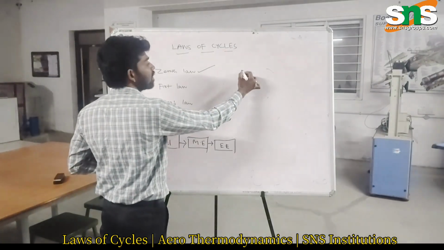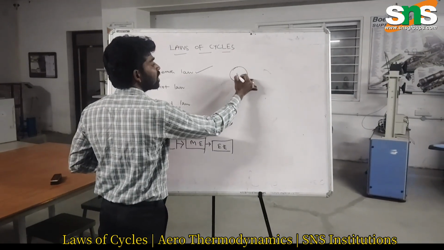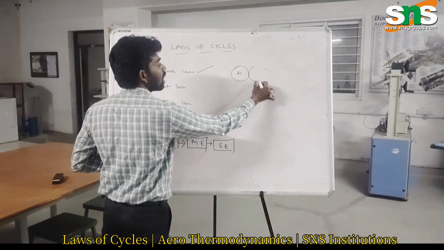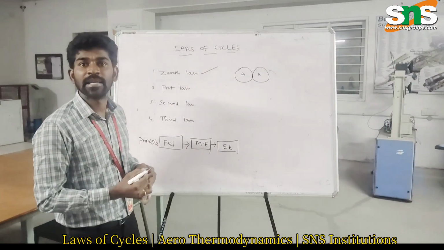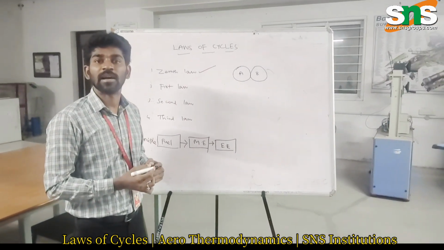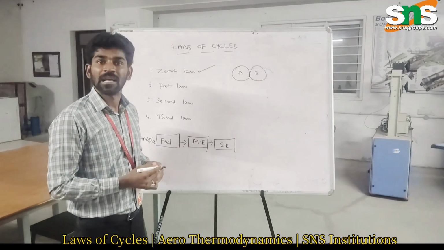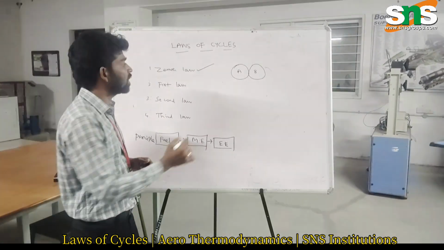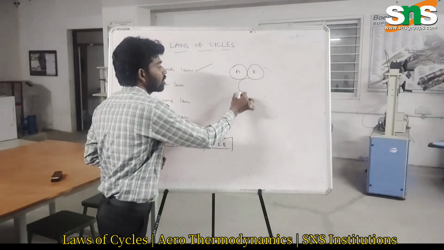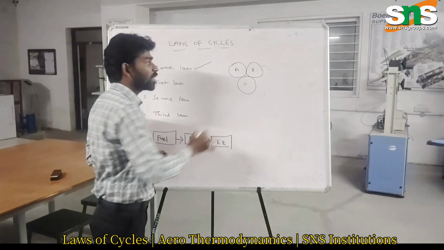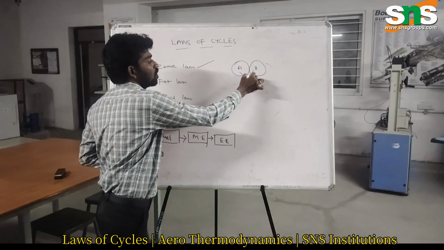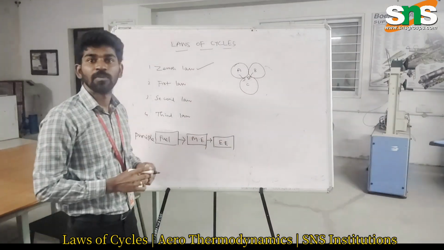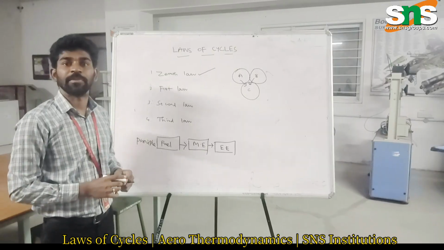For example, take objects A and B in contact with each other. The third object located with them will also be in thermal equilibrium with the same. So this is the concept of the zeroth law of thermodynamics.